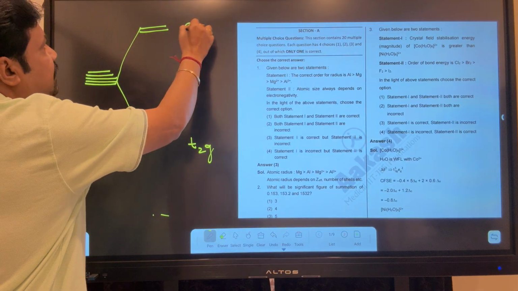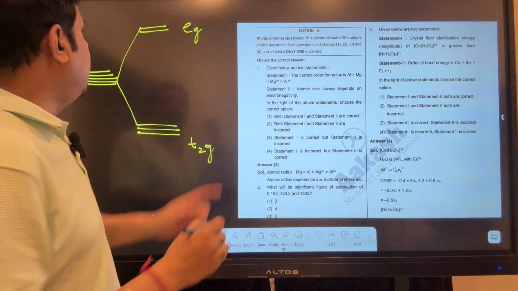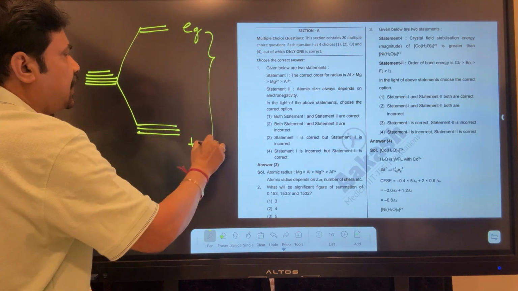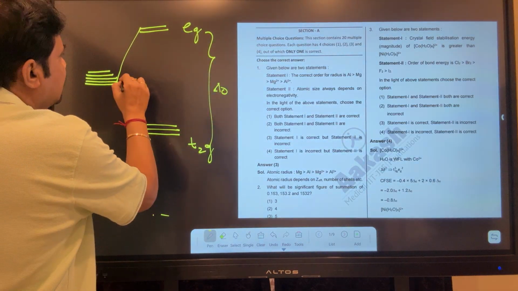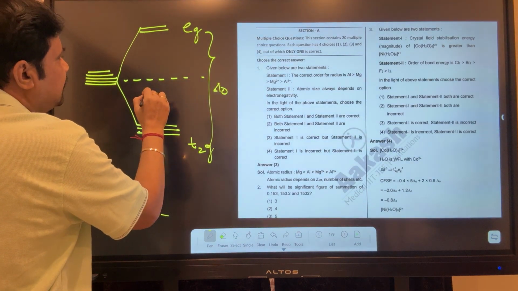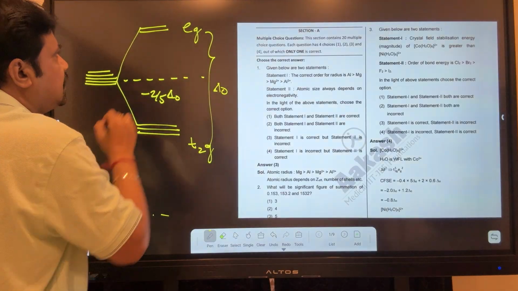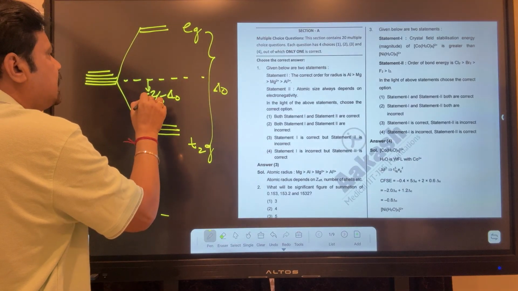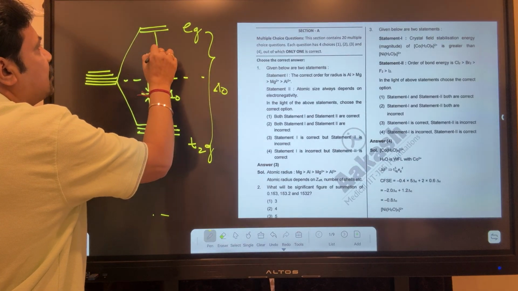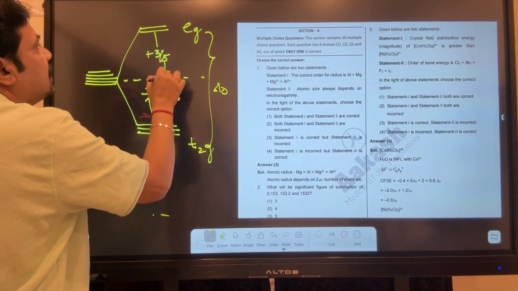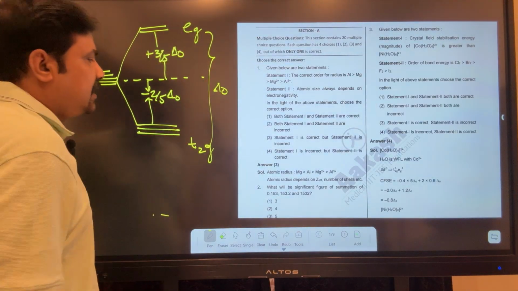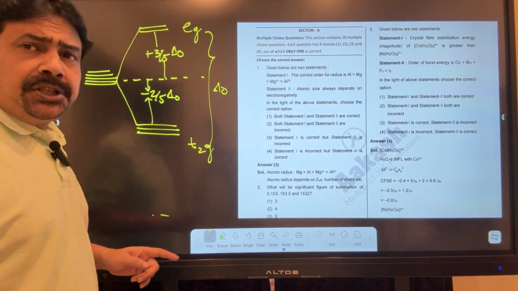This is your Eg. The energy difference between them we call delta naught. This is the barycenter. This is -2/5 delta naught stabilization per electron, and from here to here it is +3/5 delta naught. Delta naught is the energy difference between Eg and T2g.